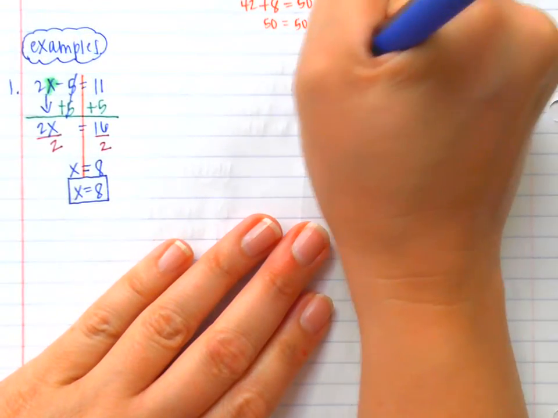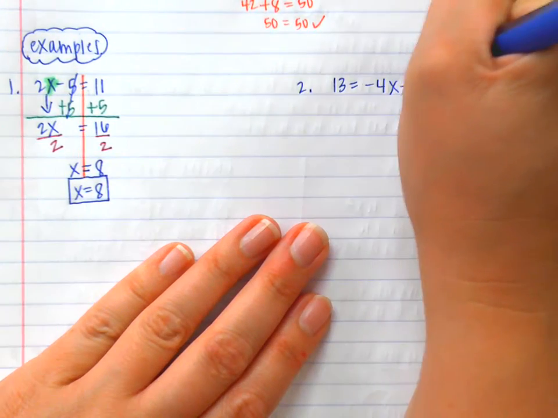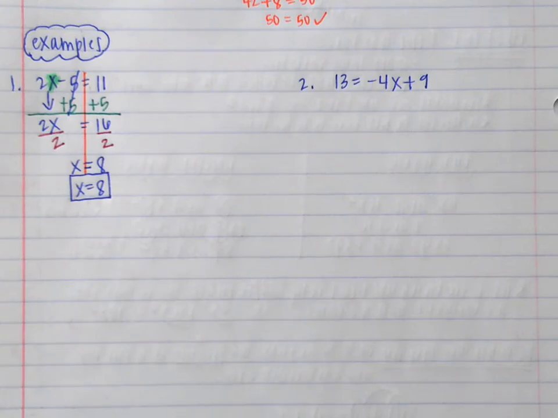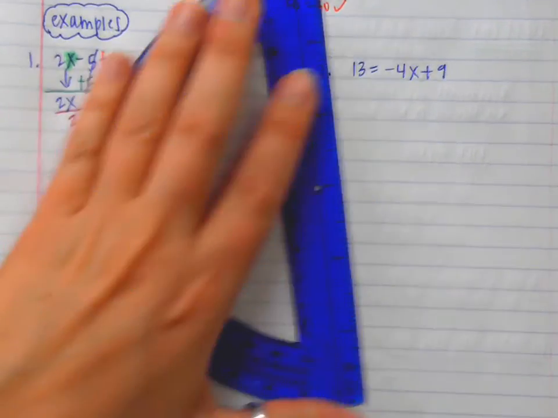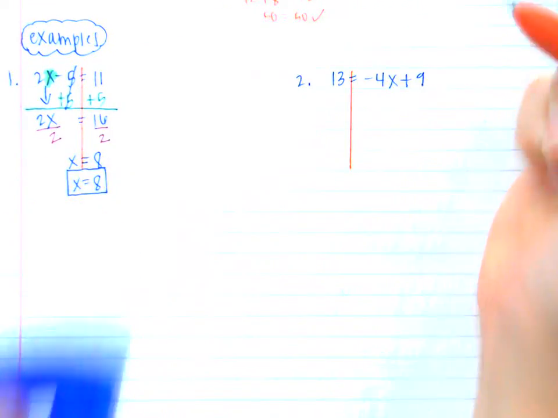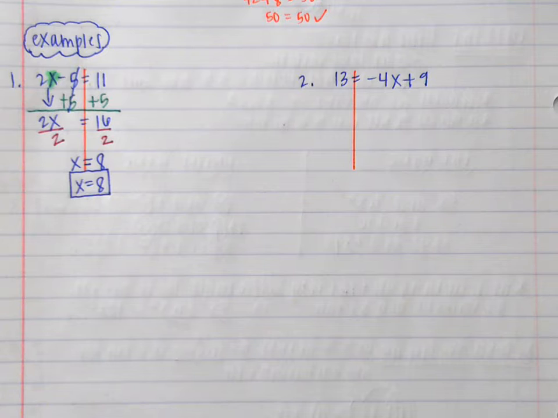So I have 13 equals negative 4x plus 9. Okay, now I'm going to draw out my line to start. And then what I want you guys to think is, what would be the first step you would do if you were solving this on your own?